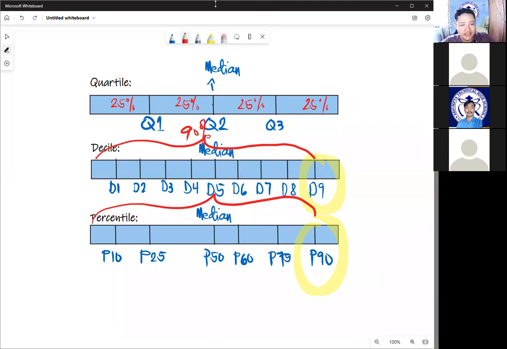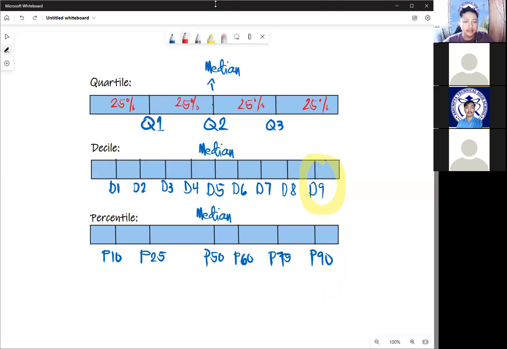So that's how we understand quartile, decile, and percentile, taking into consideration that the middlemost value, the second quartile, the fifth decile, and the 50th percentile are just the same, and we mean the median or the middlemost value.